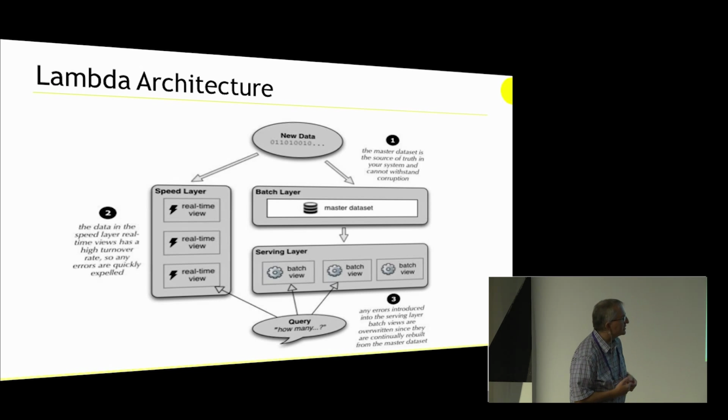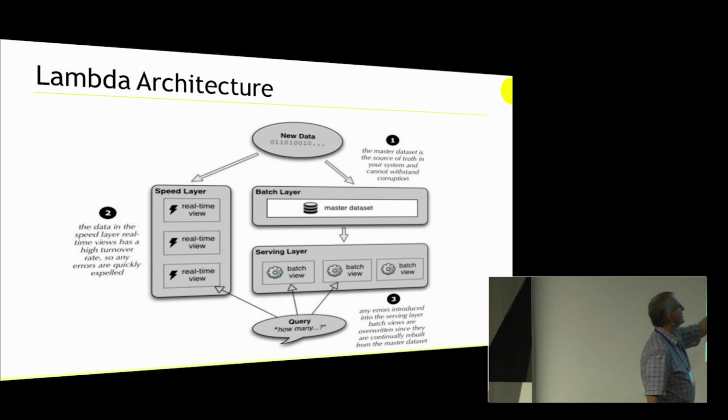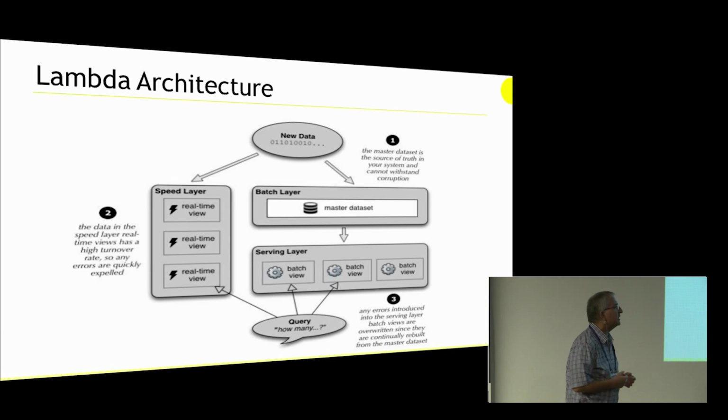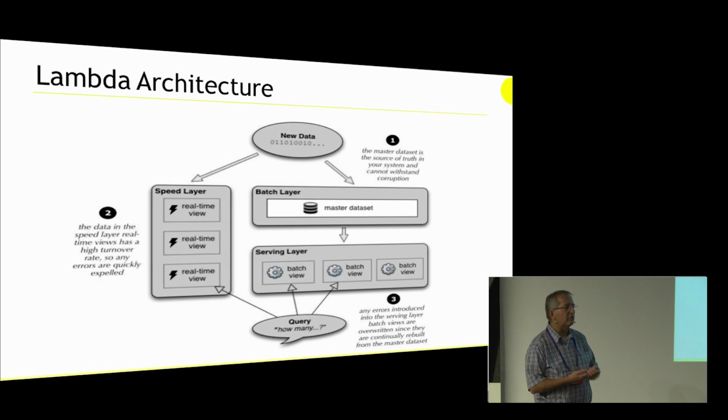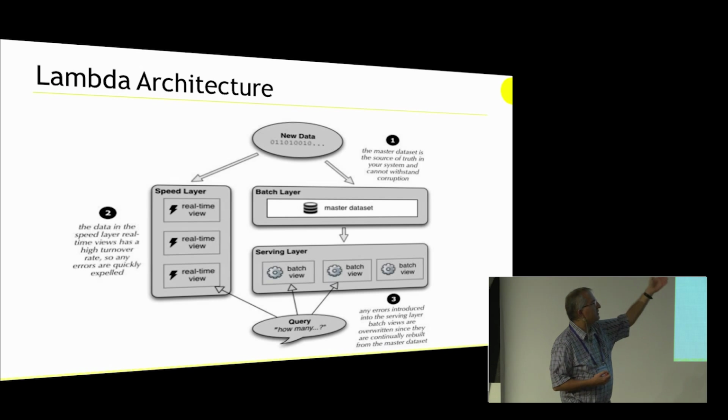So what the Lambda architecture advises you to do is to actually have another layer. It's called the speed layer. And the speed layer is actually where you run your incremental algorithm, the algorithm that updates your data in real time. They create all the different views that you need to have access to in real time.